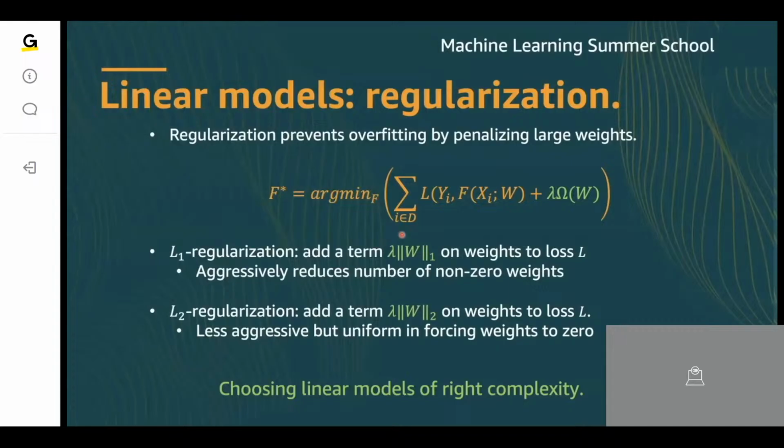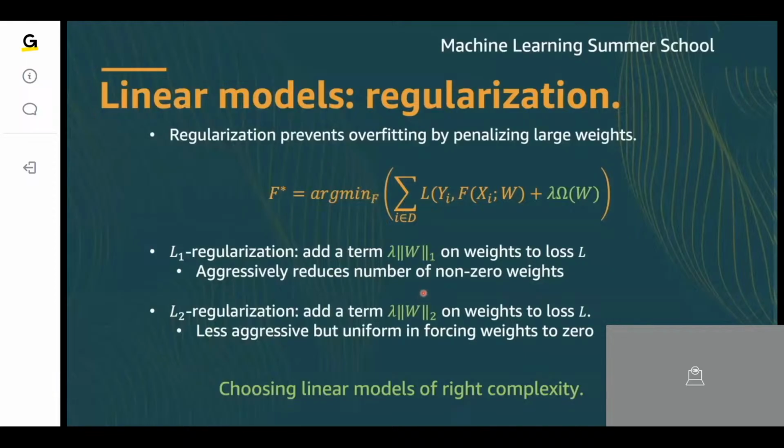In determining or in making a decision. That's what your L1 regularization does, and L2 does something a bit different. It's not as aggressive as the L1 regularization. It won't force them to zero, but it does a uniform reduction in all your coefficients involved.